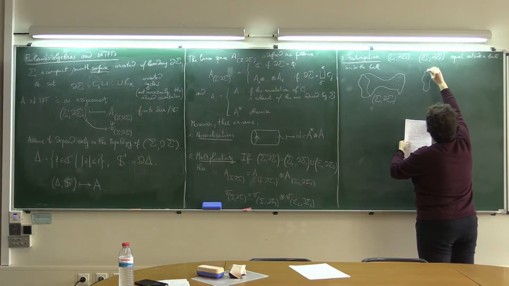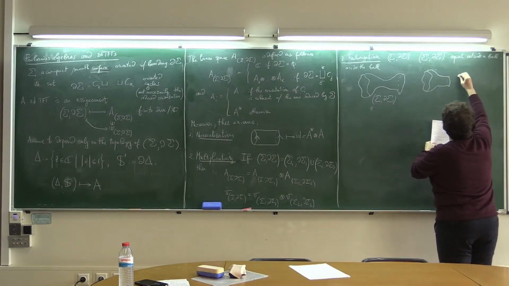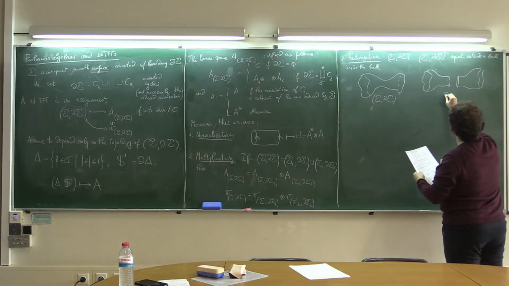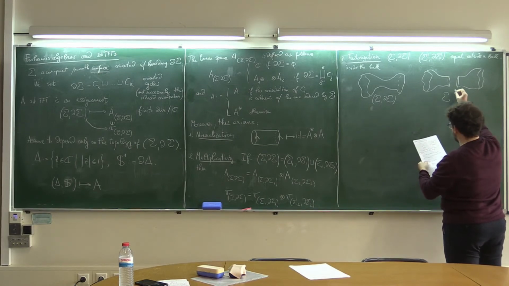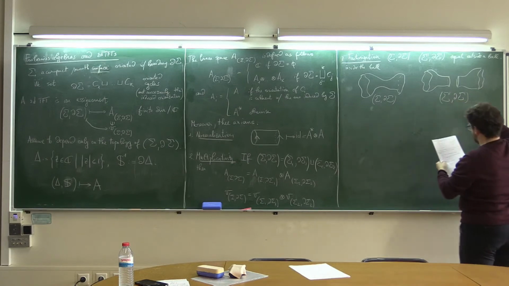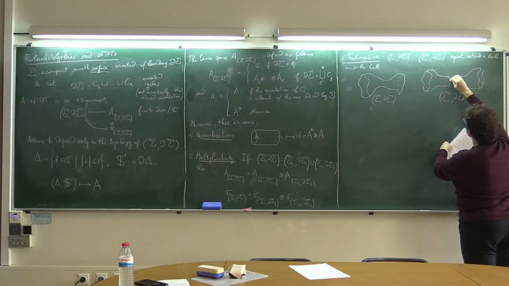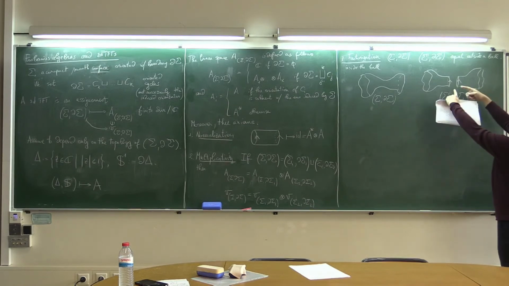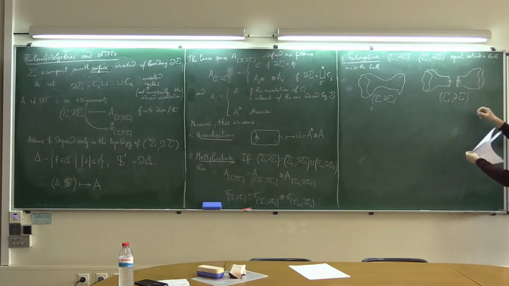So I have this, and this is sigma, sigma prime, and this sigma prime. And here, the two boundaries are equipped with these orientations.